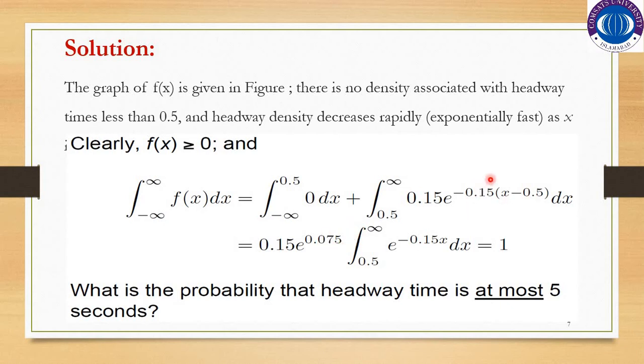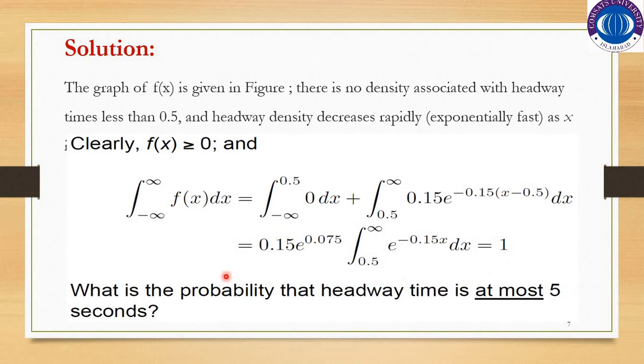So it will become a constant. So we will take the constant part outside the integral. This one is 0.15, 0.075, and you are left with this integral part from 0.5 to infinity of e raised to power minus 0.15 into x dx. And when you integrate this, you will get the answer 1.